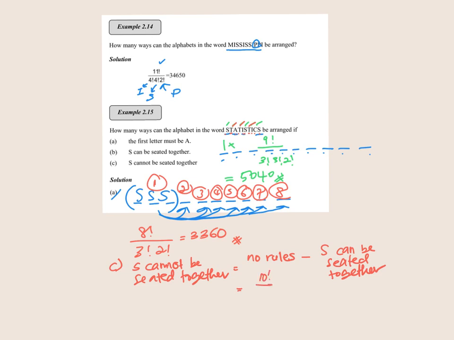You need to divide by any repeated objects: 3 S, 3 T, 2 I. Minus S seated together, we already calculated in question B, so the value is 3360. So when the permutation doesn't have any rules, the value is 50400. Minus 3360, the answer would be 47040.